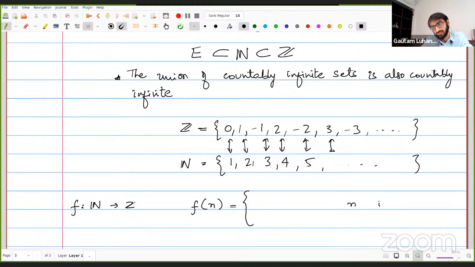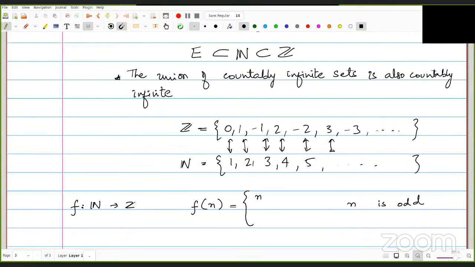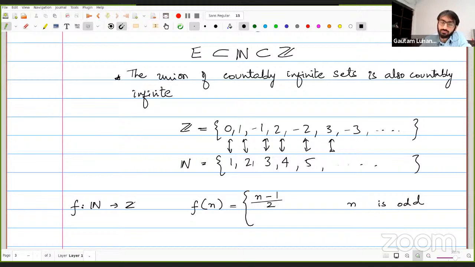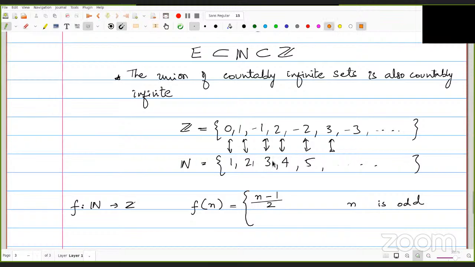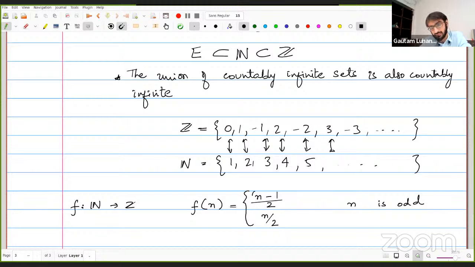So what are you saying? Minus n minus 1 divided by 2? Yes. And if n is even, it's n over 2. Oh, it's minus that. Which one? The first one? Yes. Okay, so this is negative n minus 1 over 2 if n is odd, and n over 2 if n is even.